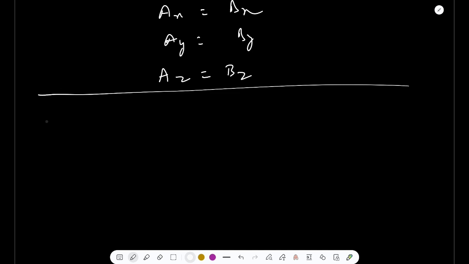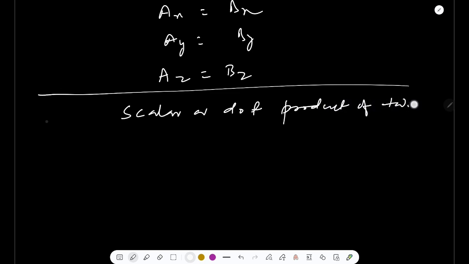So I'm simply introducing the concepts, and the next concept is the scalar or dot product of two vectors. And what is this? In elementary physics, work is defined as the product of the force component in the direction of displacement times the displacement.